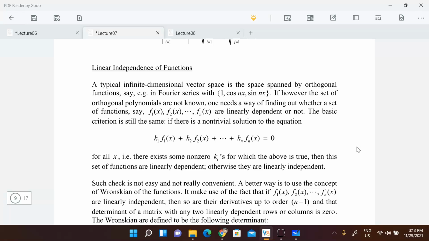So a possibility is to consider a much more general idea of a vector space which is going to be infinite dimensional. Now, this might come as a surprise to you, but the space of functions like the one I mentioned just now could be a vector space.